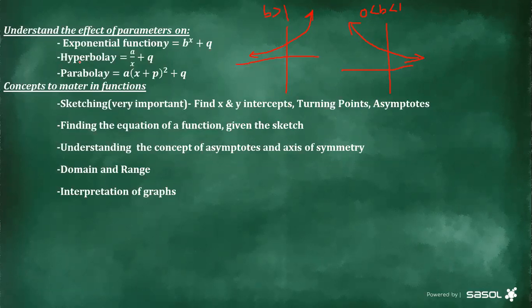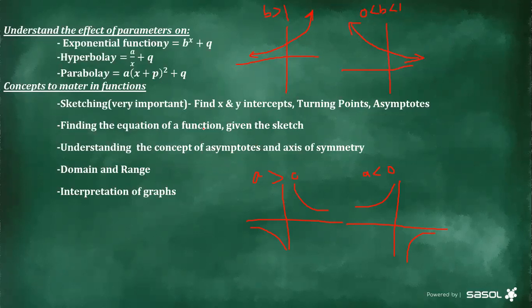Now we go to the hyperbola, y = a/(x + q). If a is greater than 0, the hyperbola lies in the first and third quadrants. If a is less than 0, it has this shape, lying in the second and fourth quadrants. Then q is the vertical shift: the graph goes either up or down.